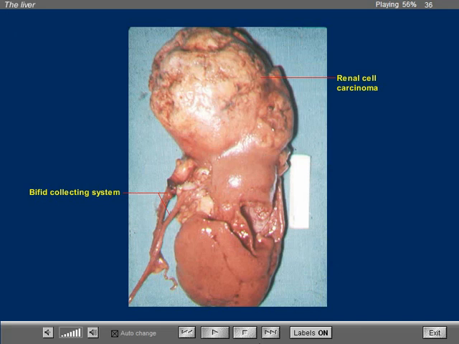There was no evidence of metastatic disease to the liver. The reason for the hepatomegaly and some abnormal liver function tests in this woman was the presence of the hepatic dysfunction syndrome, which is one of the manifestations of renal cell carcinoma.